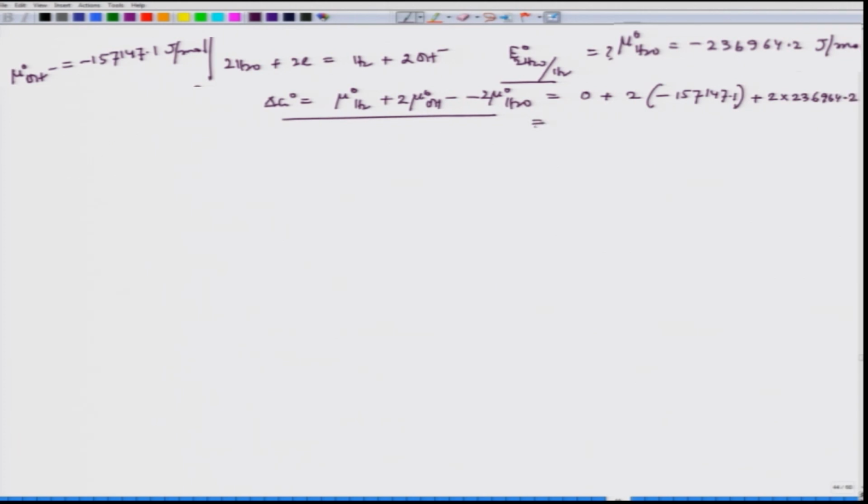So I can calculate this value. So this becomes 236,964.2 minus, so this becomes minus plus 159,634.2.